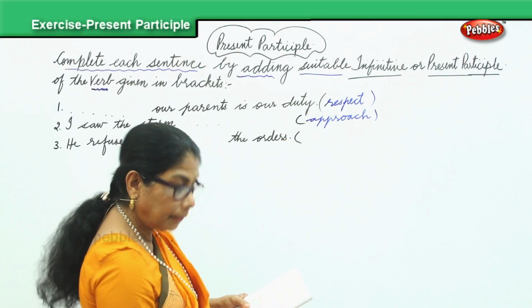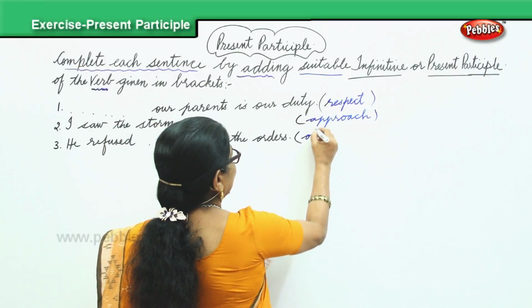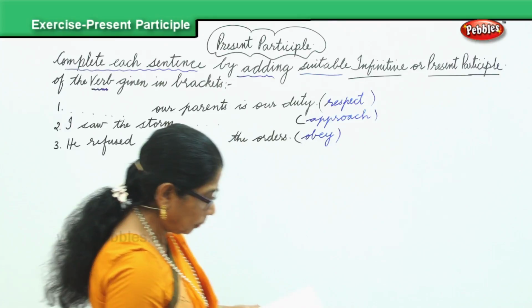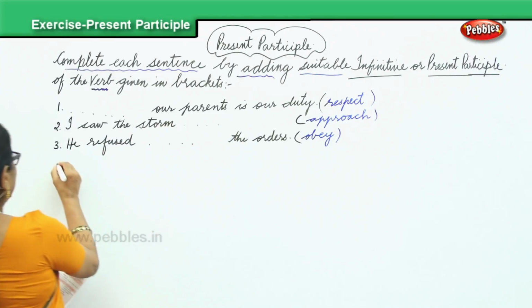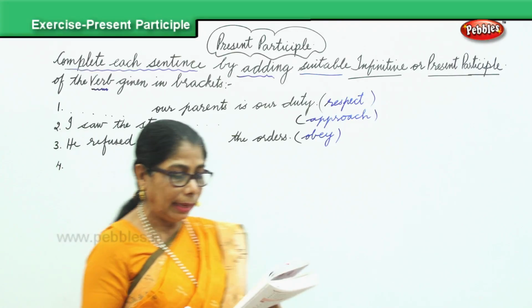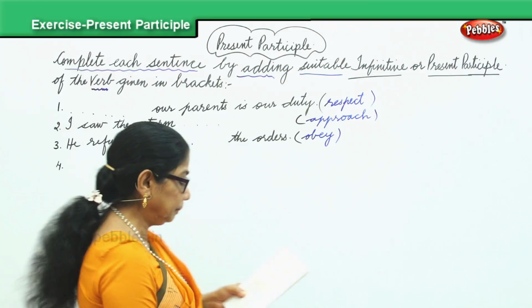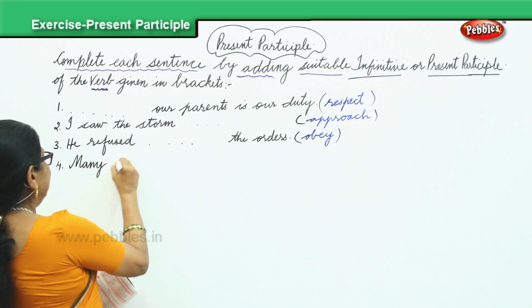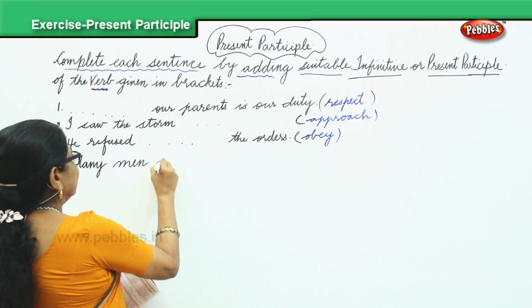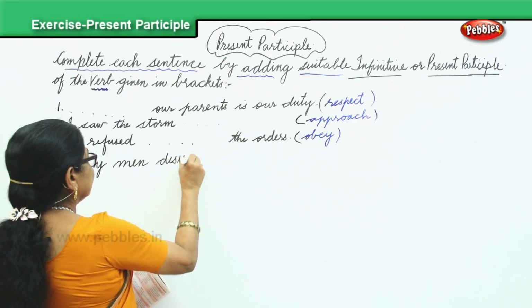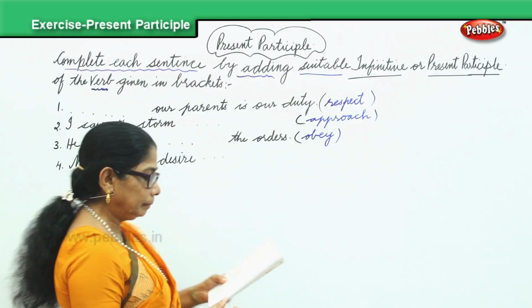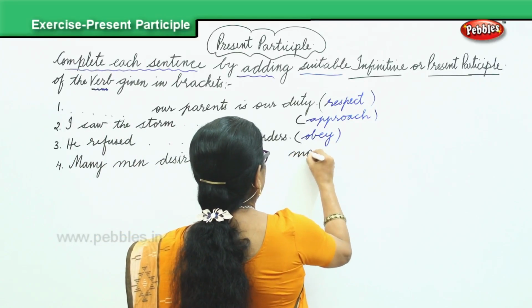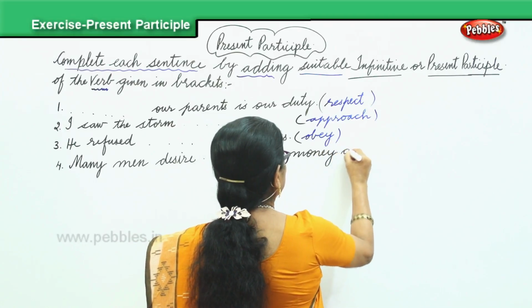And the verb given is obey. Next: Many men desire, and something missing, money quickly.